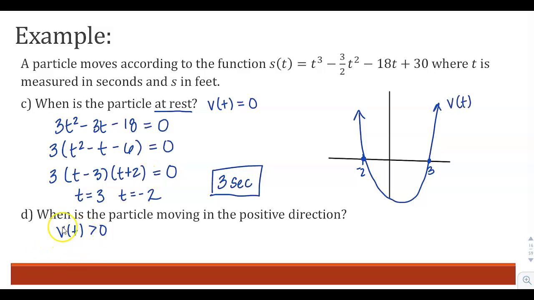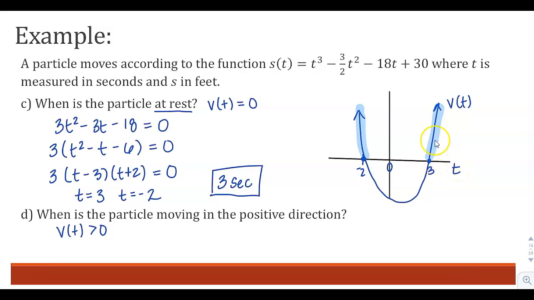And I'm interested in, where is velocity positive? Where is this graph above the x-axis? Well, if I just look at it at face value, the graph's above the x-axis over here and over here. But I need to think about the context. We're talking about time here, and we only consider when time is greater than or equal to 0.